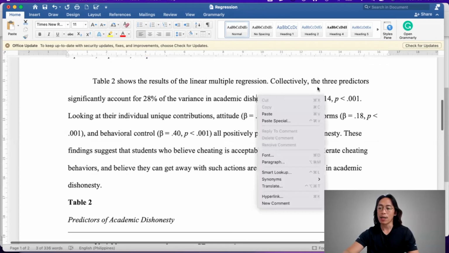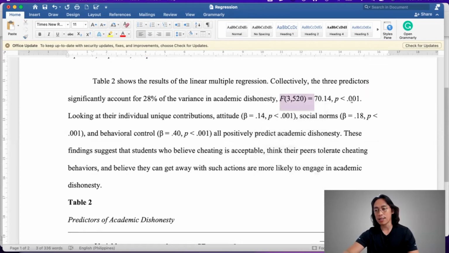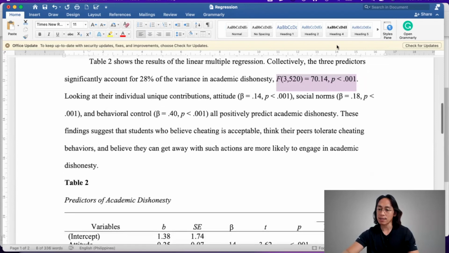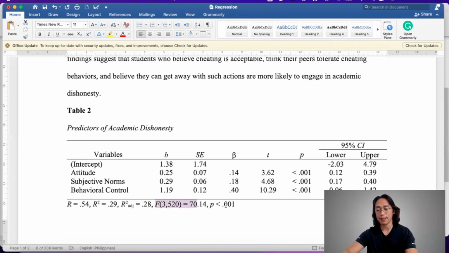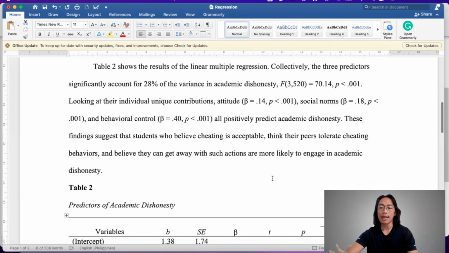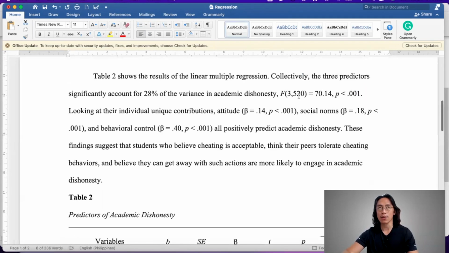And then I got this test of significance for the variance from here. After reporting the model summary, or the collective impact of the predictors on the outcome variable, we now look at the individual contributions.